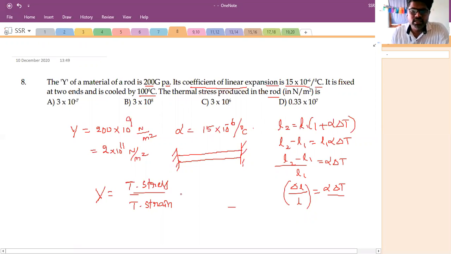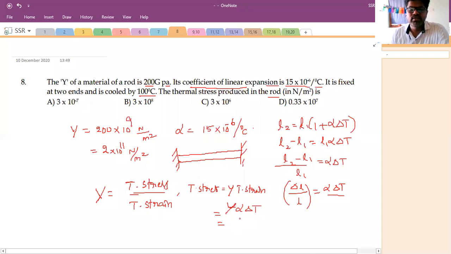Then you can write thermal stress T stress is equal to Y into thermal strain T strain. Y into T strain means Y into delta L by L, which is equal to alpha delta T. So thermal stress is equal to Y alpha delta T. This is the relation we know already.